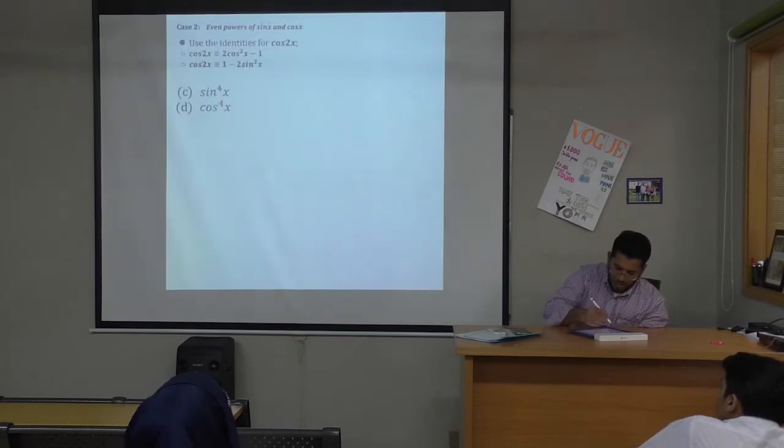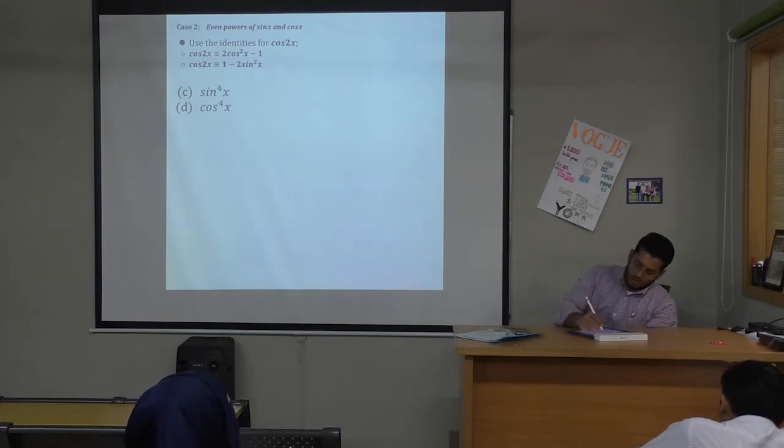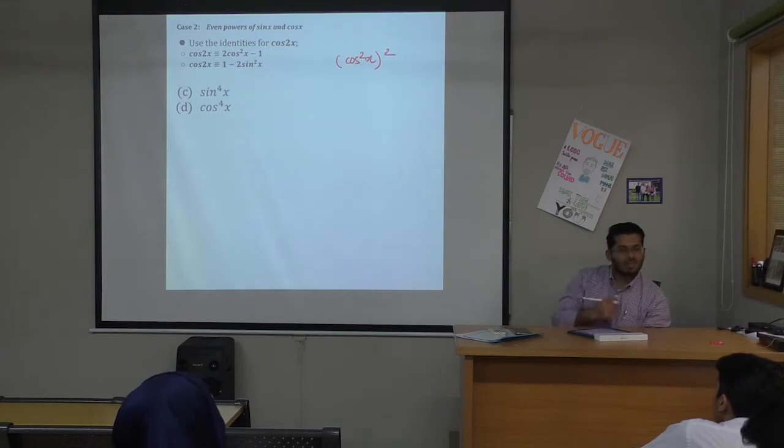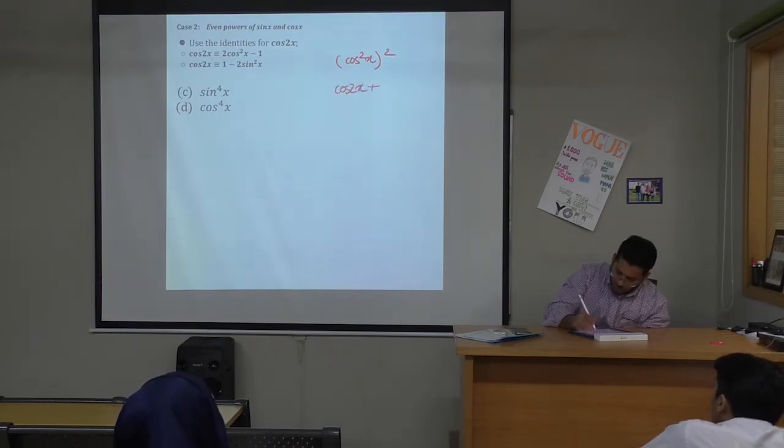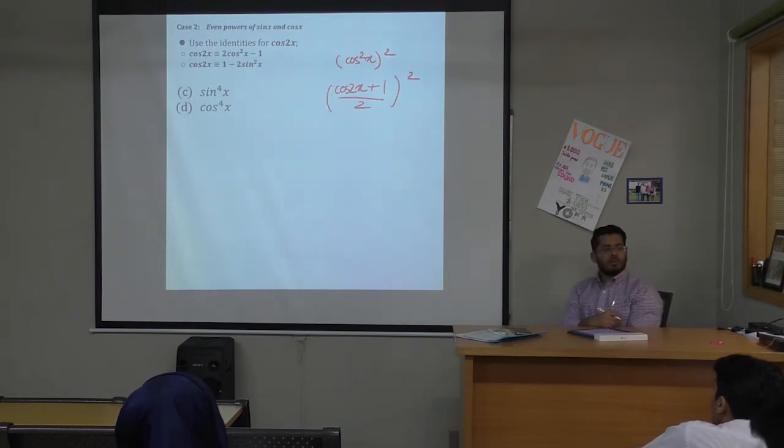In part D you have something similar. You have cos square x, which is cos 2x plus 1 upon 2 whole square.